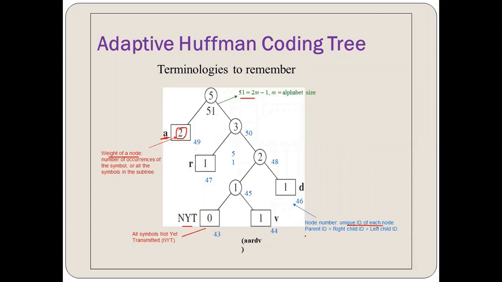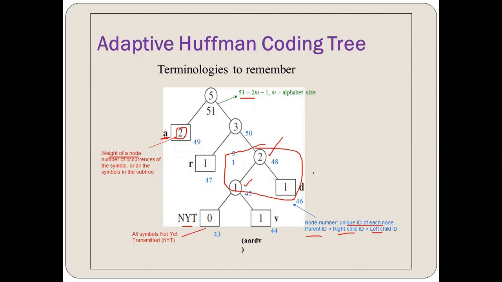Parent ID will be greater than the right child ID, and the right child ID will be greater than the left child ID. How? Let's take this particular subtree, right? In this, there is a parent node, a right child, and a left child.